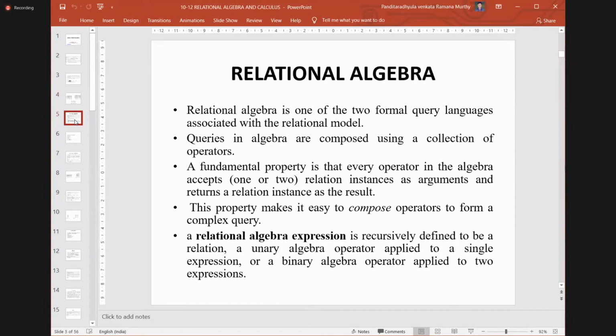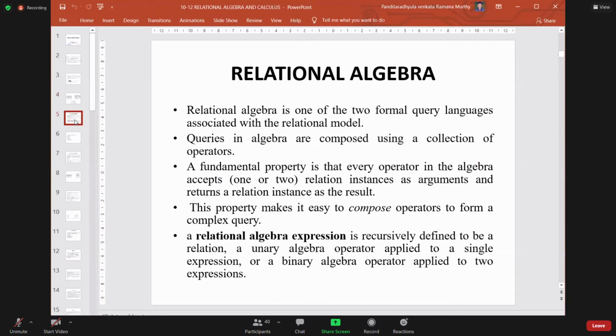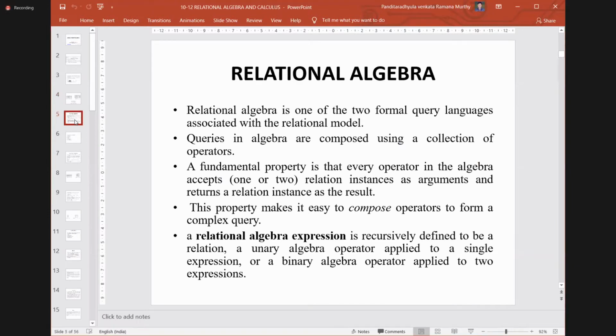Clear? Right. Now come to relational algebra. Basically, we said we have two more popular intermediate database languages called relational algebra and relational calculus. First of all, we'll see the meaning of relational algebra.